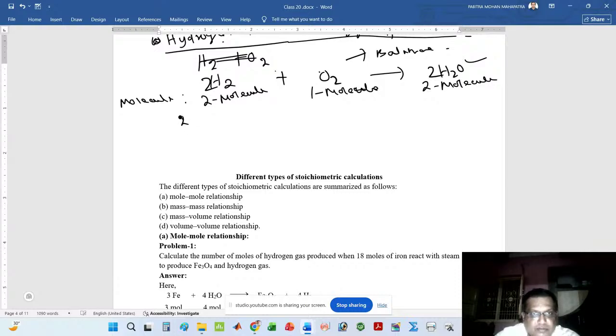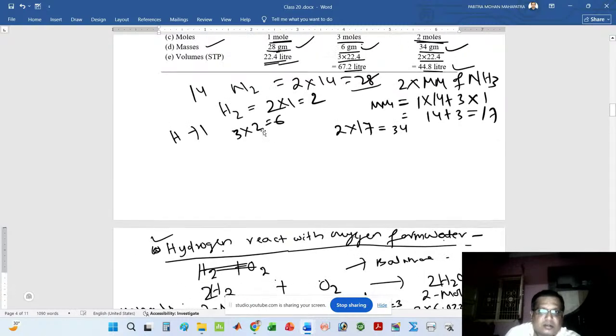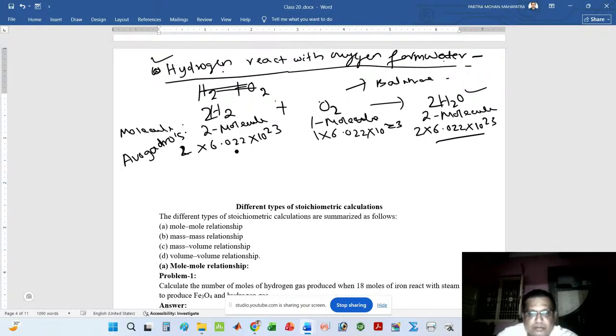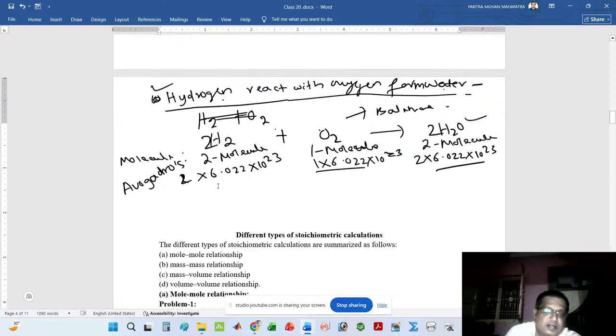Here we can write 2 into 6.022 into 10 to the 23 molecules of hydrogen combined with 1 into 6.022 into 10 to the 23 molecules of oxygen forms 2 into 6.022 into 10 to the 23 water molecules. This is the relation in terms of Avogadro's number.